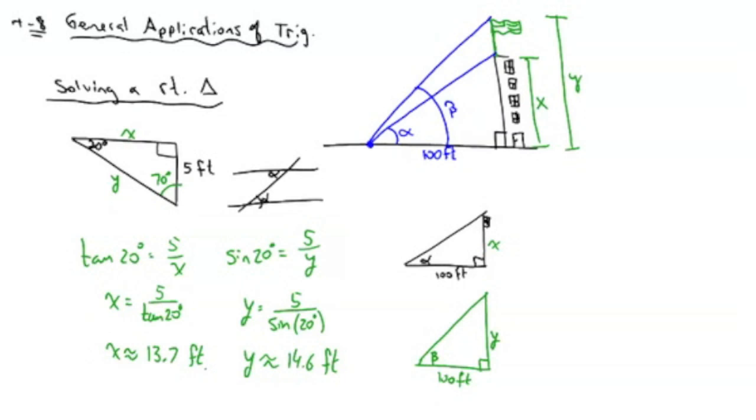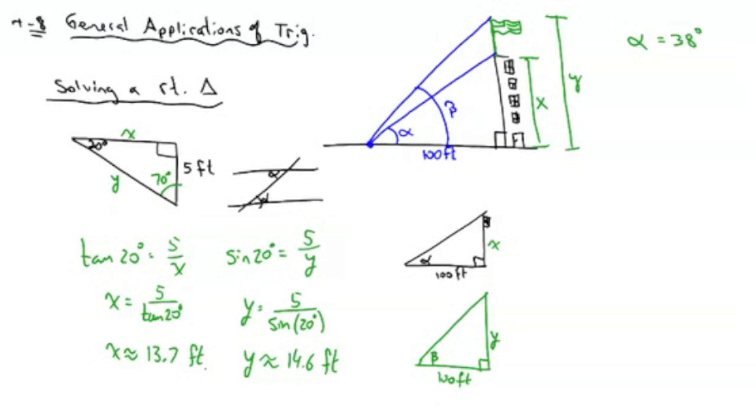So once I give you what alpha and beta are, you should be able to figure out everything. So let's say alpha is equal to 38 degrees.